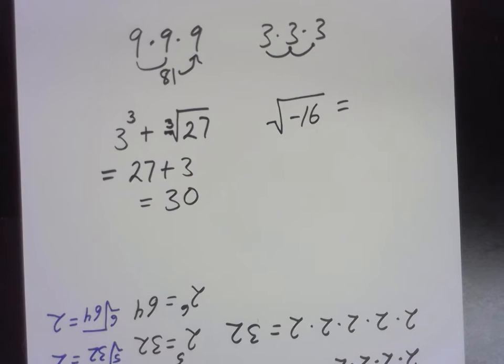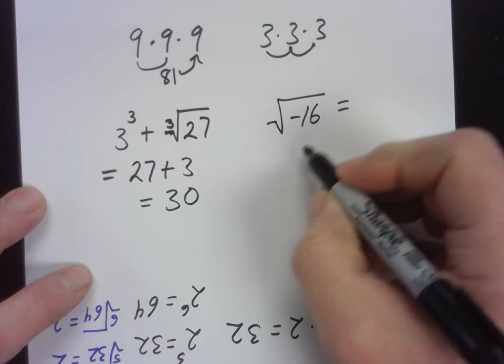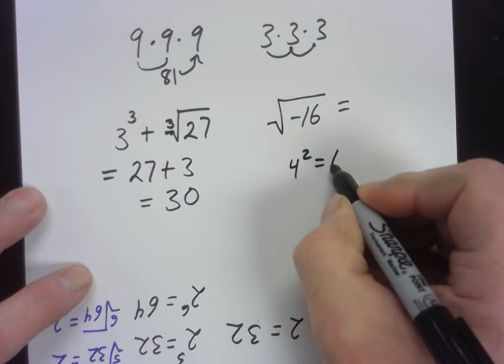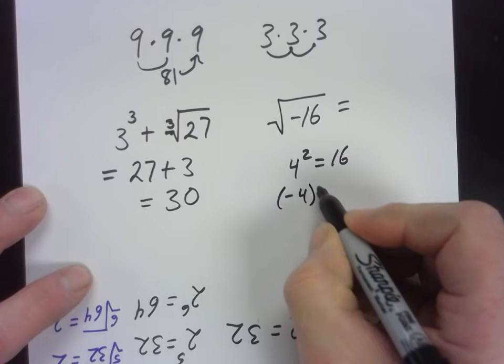Well, can you guys think of a number that times itself is negative 16? See, 4 times 4 is 16, and negative 4 times negative 4 is 16. They're both 16 either way. See, if we have 4 squared, we get 16. If we have negative 4 squared, don't we still get 16?